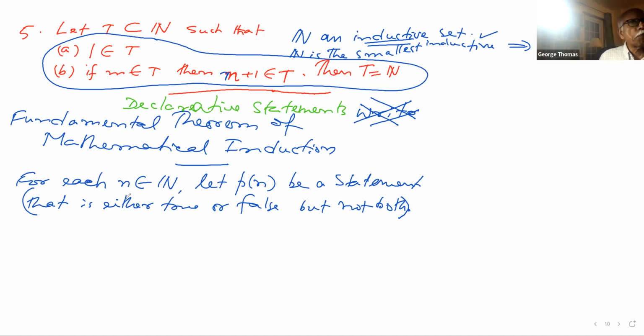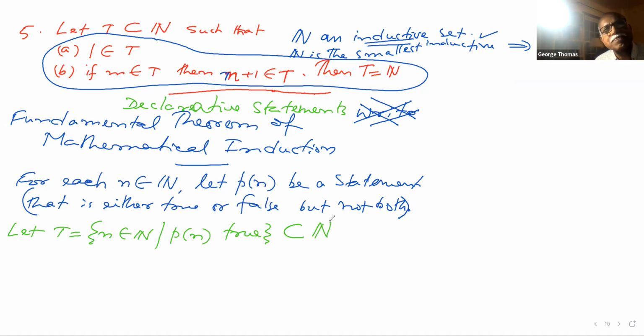Same way. Suppose you have a statement, but this time it depends on the integer n. Let T equal all those integers n contained in N that make P(n) true. Well, then this will be a subset of N. Don't you agree?